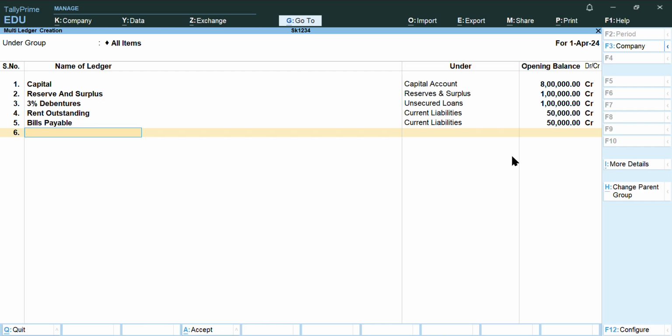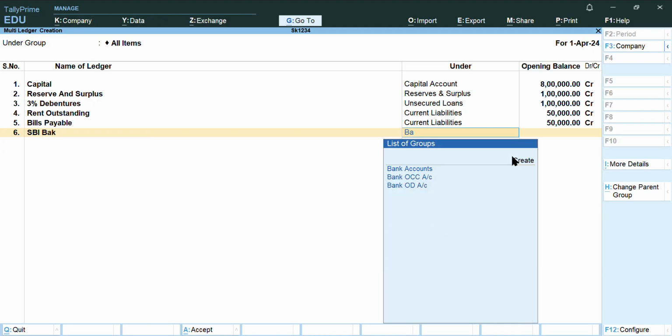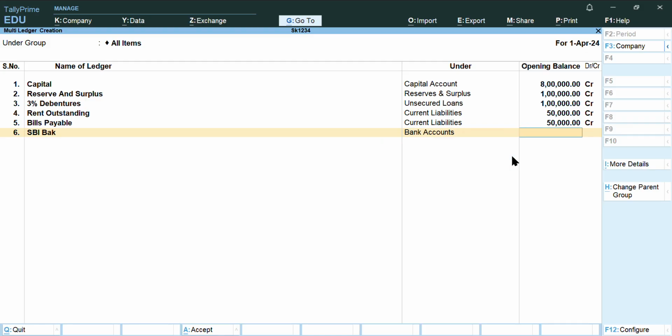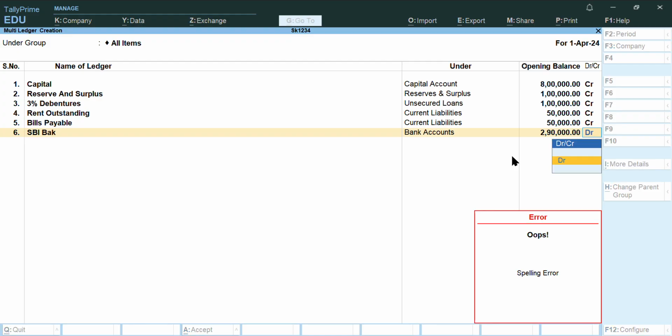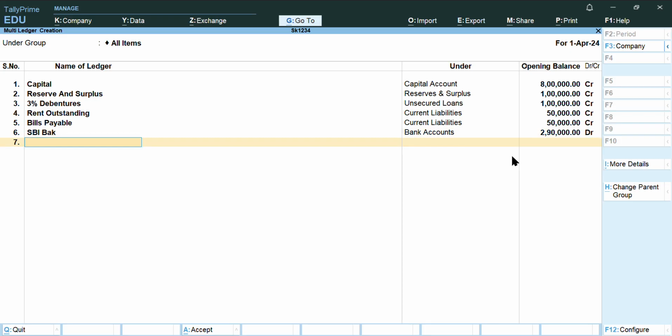So our account was SBI Bank. Its category is going to be bank accounts. In case you have overdraft, then you will be having overdraft account. Its balance was 2,90,000. Debit.